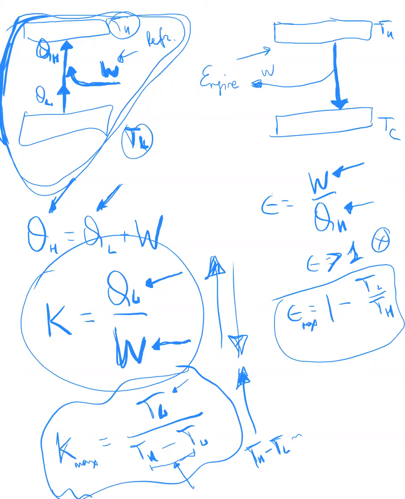So this is refrigerators and that's engines. Just to summarize, in terms of formulas, this week is kind of simple. The only two formulas that we really have are for the efficiency of the engine and the performance of the refrigerator. Let me write this.